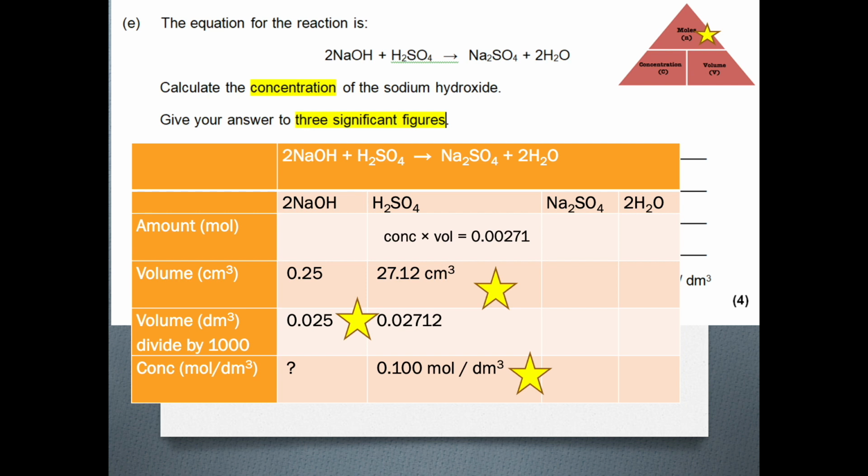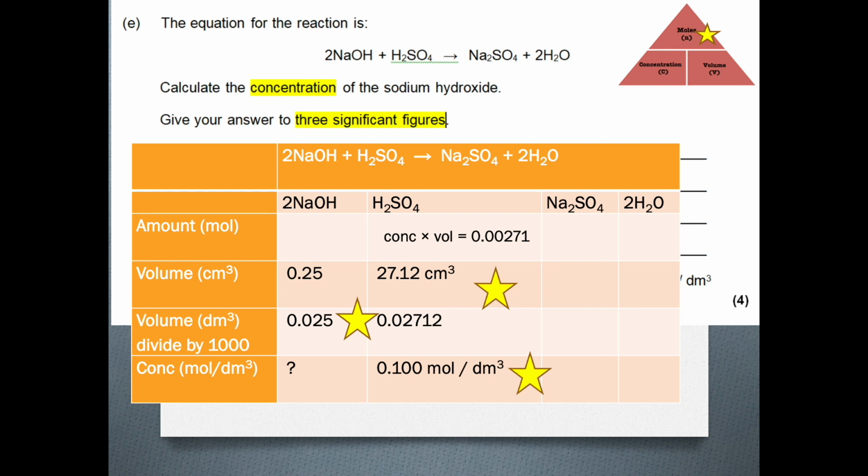Right, okay, so moles. If I go back over here, if I cover up moles, moles is concentration times volume. So you're literally just putting in the information from here. So I've got my concentration and my volume, times them together to give you your moles. Remember, your volume is in dm3. So I've worked out my moles for H2SO4. Now, think about it.